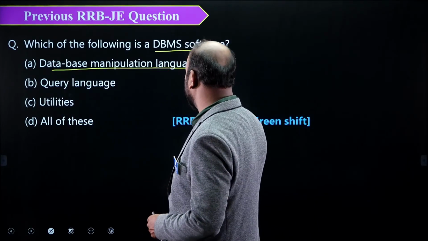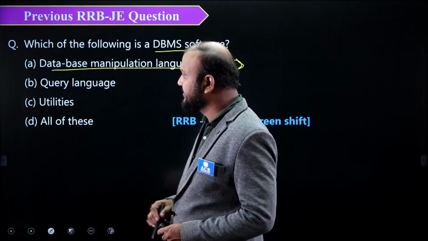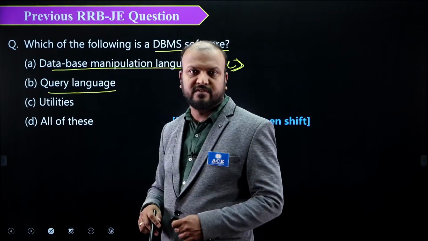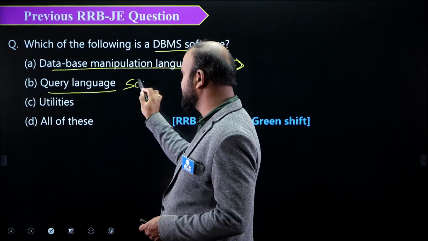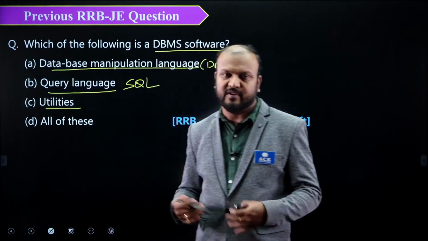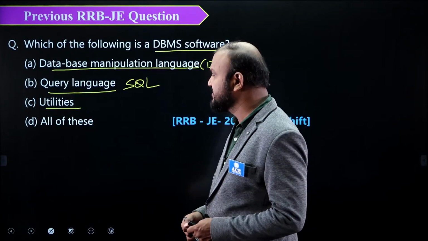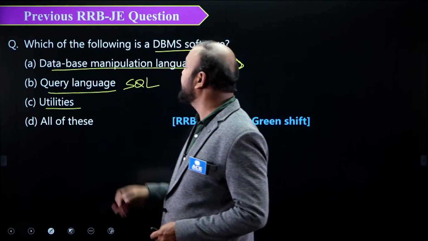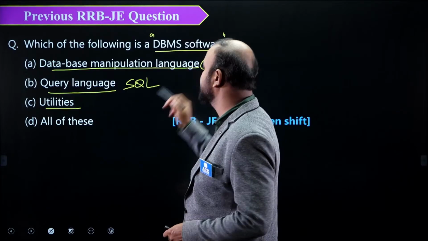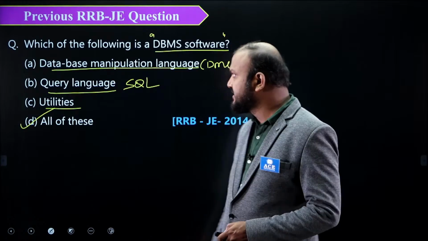We generally call it DML, and it is part of DBMS software, and it should have a query language like SQL. It is also part of databases, and some utilities like buffer manager, transaction manager, concurrency control manager, these are all called utilities. All these form a database management system software. We can call all of these, right?